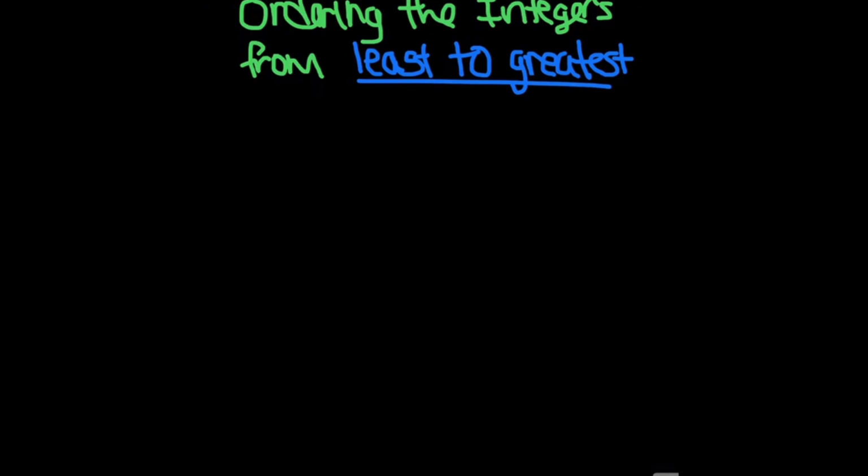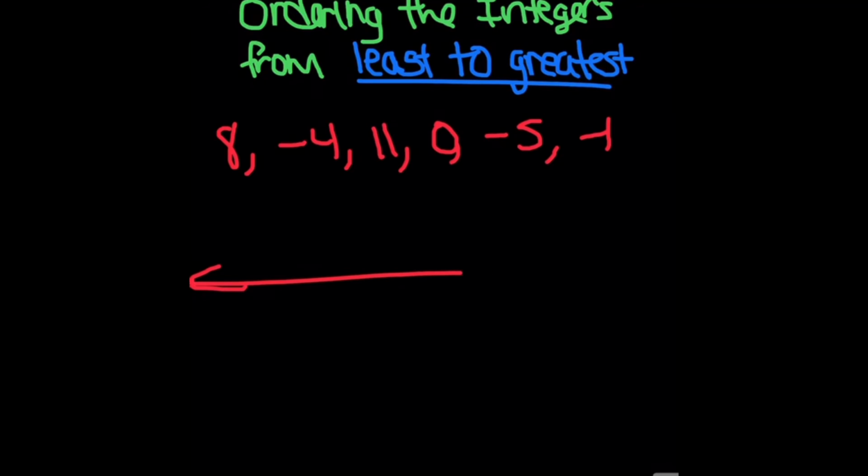Okay. So I'll give a list: 8, negative 4, 11, 0, negative 5, negative 1. First off, these are not ordered. So you could order them first. This way it's easier to put them on a number line.